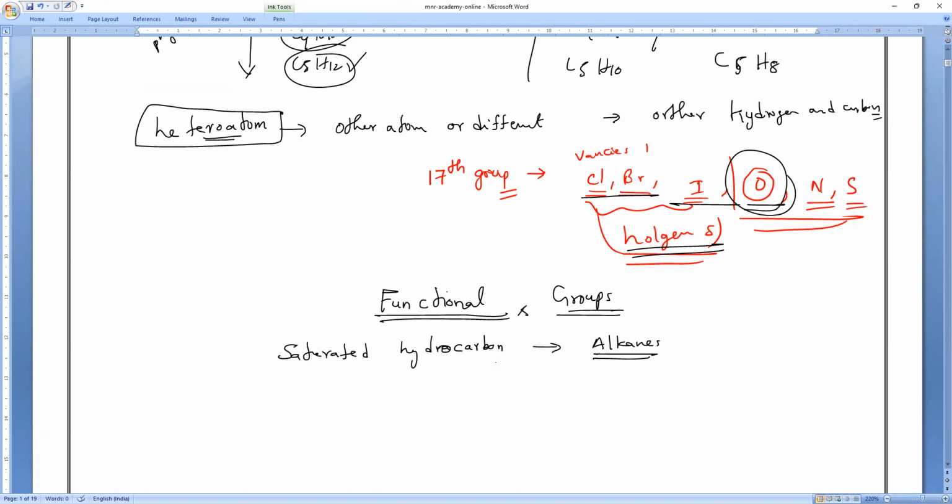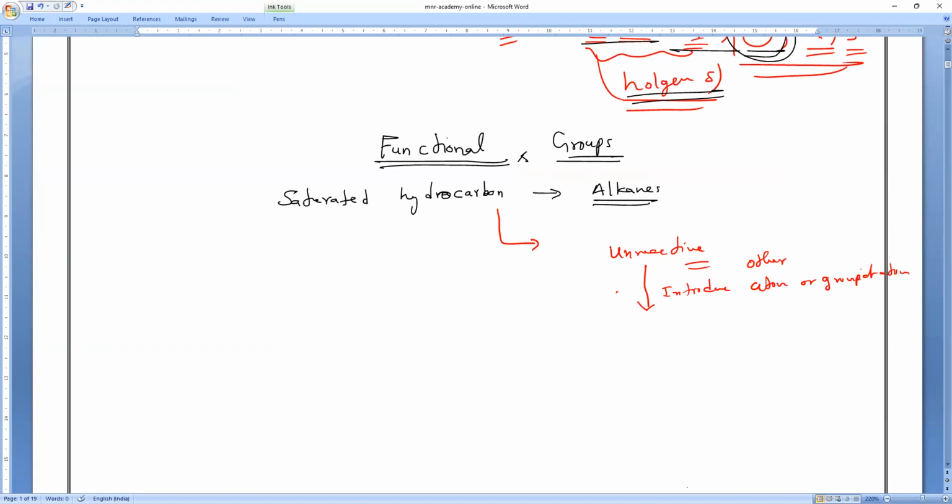Saturated hydrocarbons are very, very unreactive. Because of this, we introduce some other atom or a group of atoms into them, so that the resulting compound turns highly reactive.